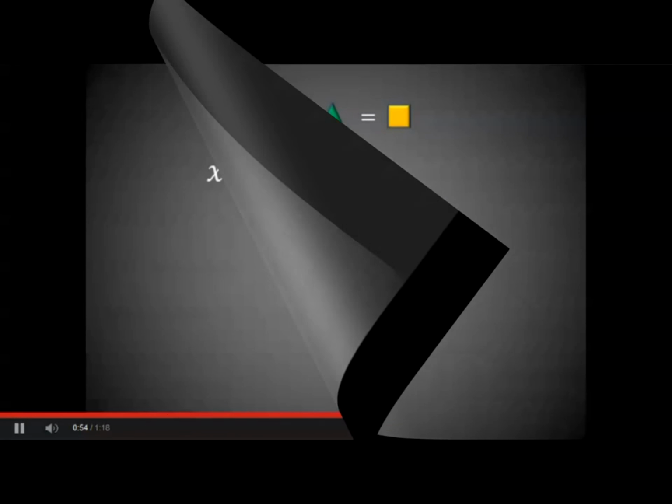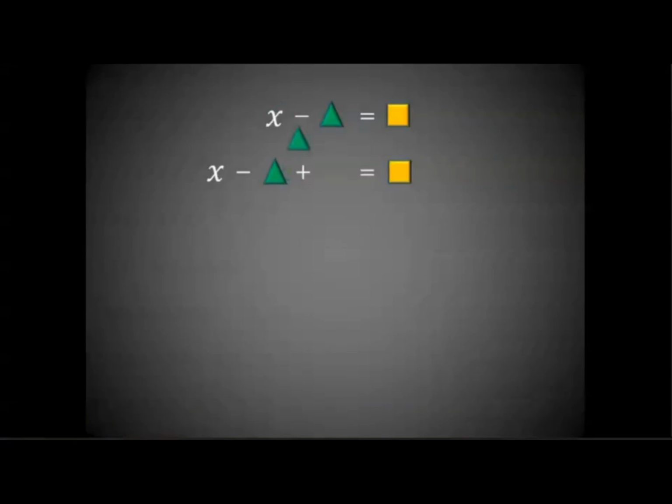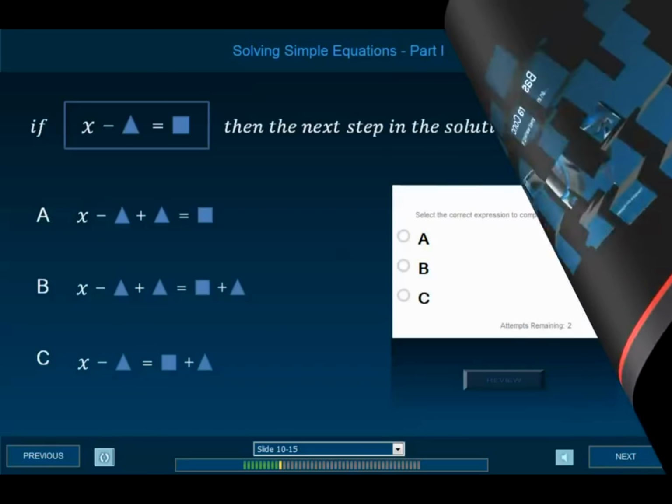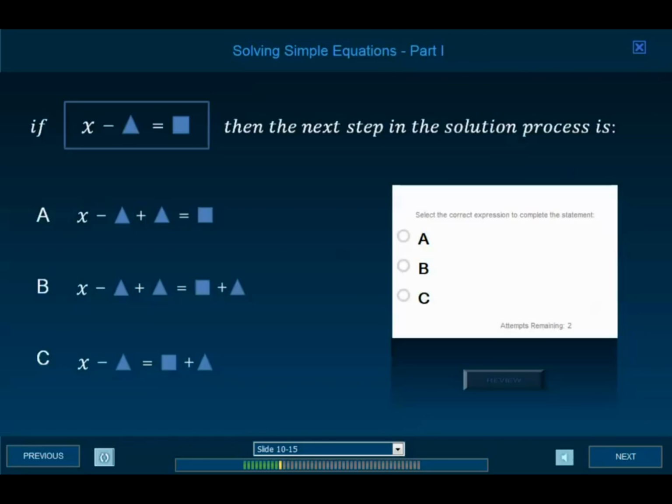We're going to look at our first basic pattern for adding the triangle expression. And remember, our addition property of equality says that we must add the same expression to the right-hand side of the equation. If we are at this step in the solution pattern, then the next step in the solution process is which of the following?